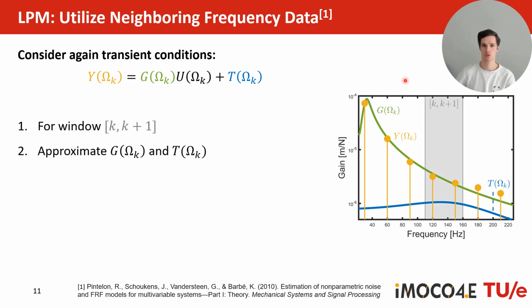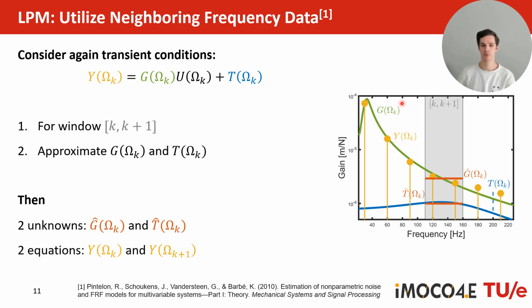Now let's create a window, K and K plus 1, where K is a frequency, say 120 Hertz, and K plus 1 includes the next frequency. In this window we are going to approximate our systems G and T. We do that very naively by saying our system and transient are roughly constant in these regions, so we have these two red lines in the plot.